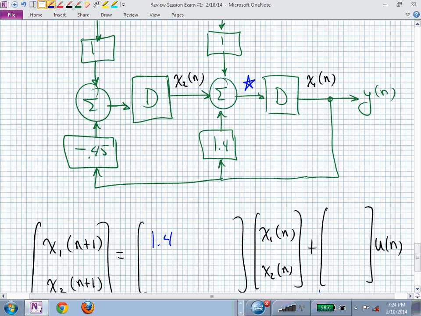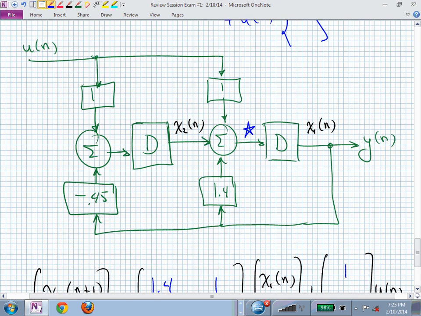What's the next signal if we go clockwise around that summing junction? That's just 1 times x sub 2, isn't it? Now I'm really kicking myself for the choice of my coefficients on the u's. But what's the gain on the u? That's just 1.